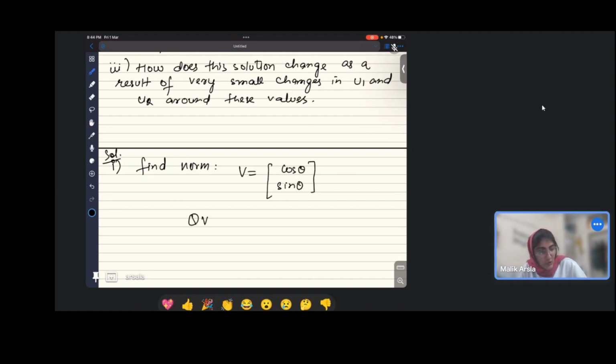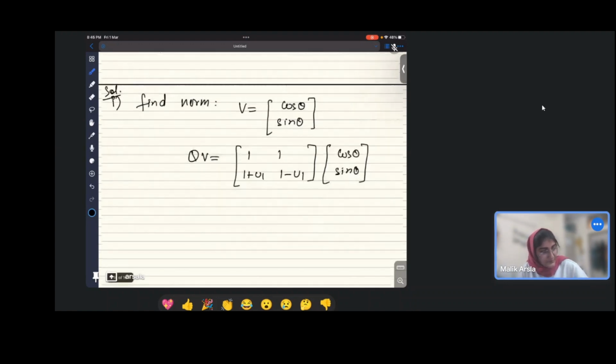Then finding Qv, which is equal to the matrix 1, 1; 1 plus u1, 1 minus u1 times cos theta, sin theta.